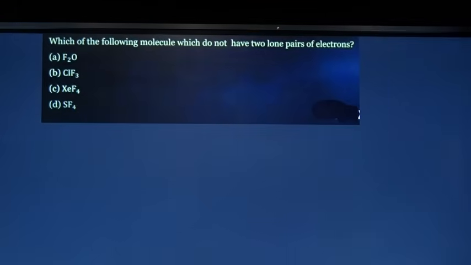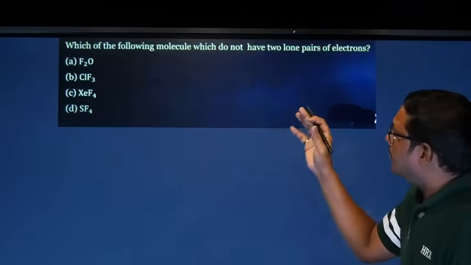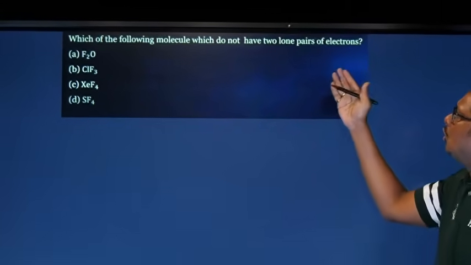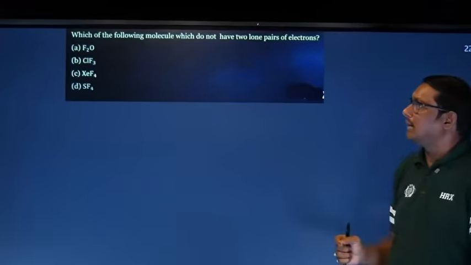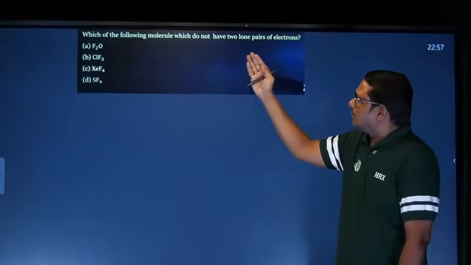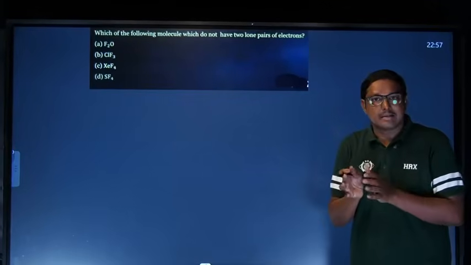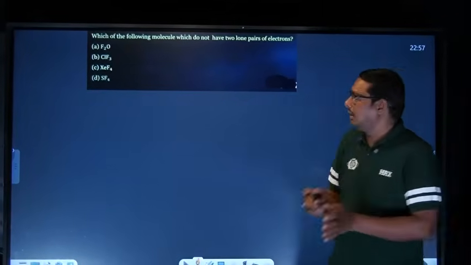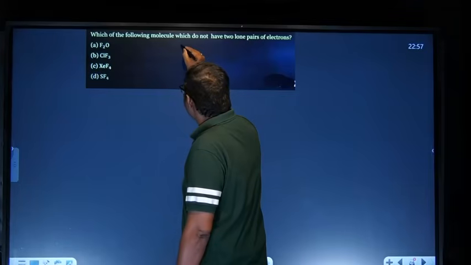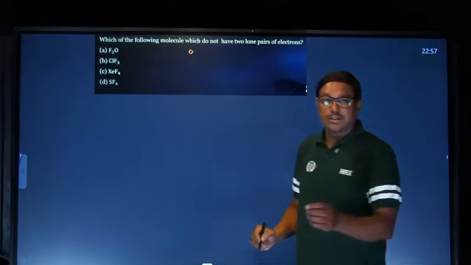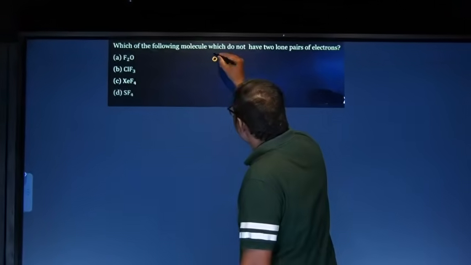Next question: which of the following molecules does not have 2 lone pairs of electrons? Now, going by valence shell electron pair repulsion theory, this is my oxygen, the central atom. Oxygen has 6 electrons in the outermost shell.